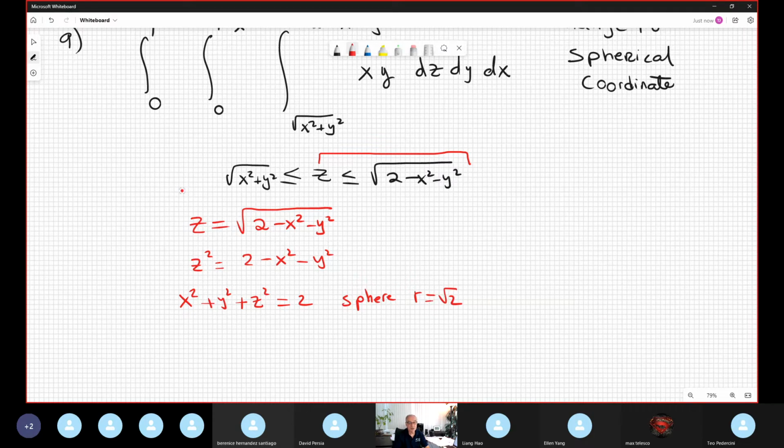Okay, this is the upper part. The lower part, I convert one more time like equation. I copy, z equals square root of x squared plus y squared. I am familiar. This is the cone. It's obvious, no? So if you don't know, again, square both sides.